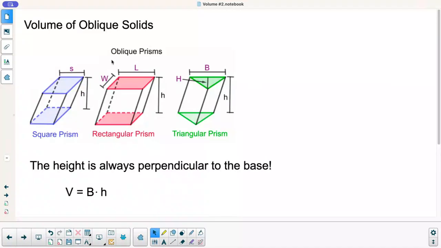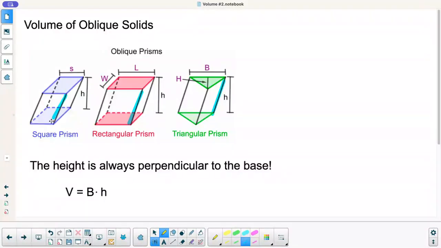All right, so an oblique solid is kind of slanted. It's not perfectly right from the ground. Your height is the perpendicular distance from base to base, 90 degrees from base to base. So do not use this length here as the height.